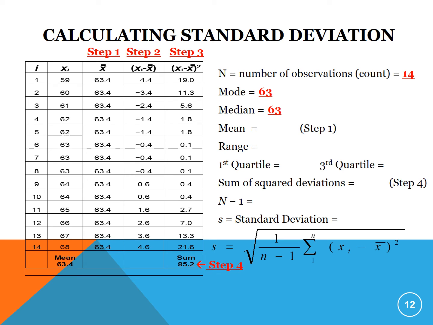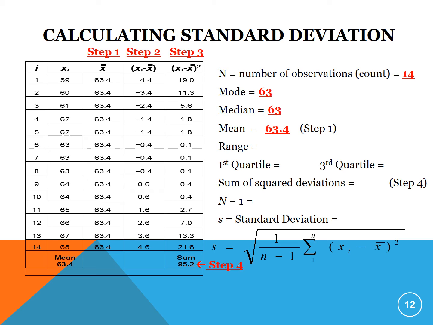Okay, so now our mean, because this is what's most important for the standard deviation calculation. Okay, so our mean, how do we get it? Well, it's already listed out all of the values. So essentially we would add up all of these values, divide by n, the total number of values that we have, which is 14, and we should get the number 63.4.